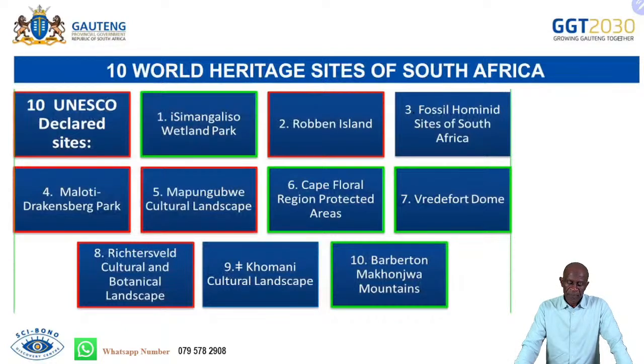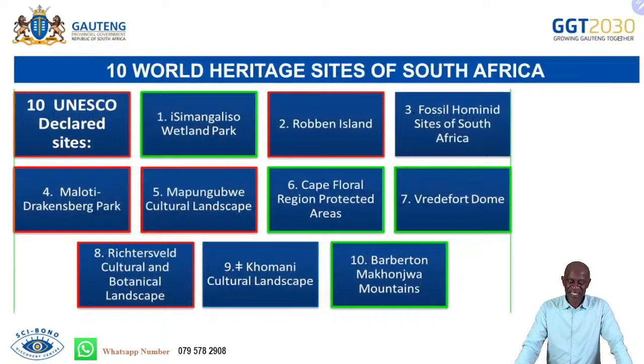Right. I just want to reflect on a few of them. The third one we said is fossil hominid site of South Africa, formerly known as the Cradle of Humankind. I also need to point out, in reference to the ninth one, the Khomani Cultural Landscape, which is preceded by a hashtag sign.